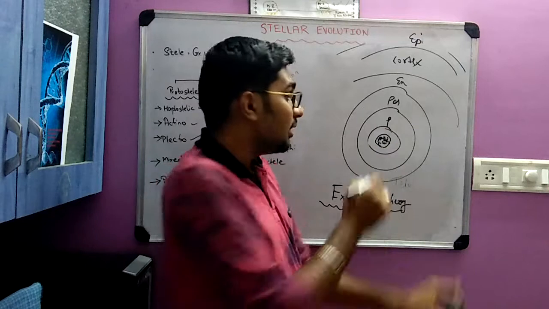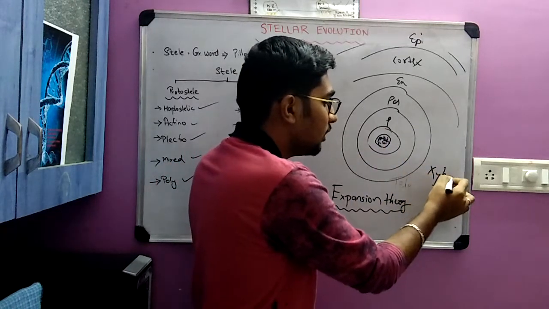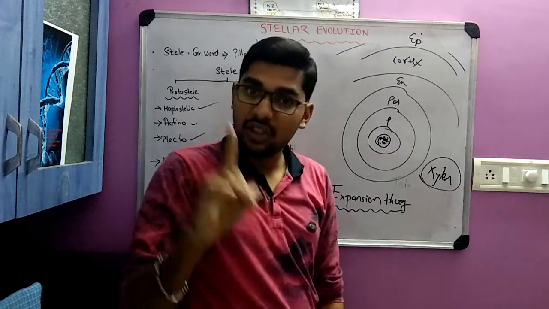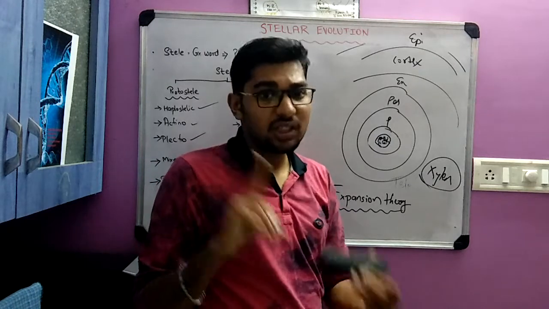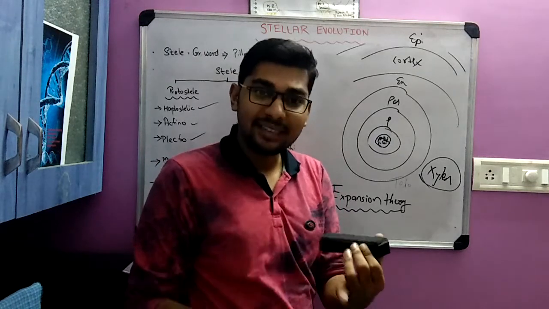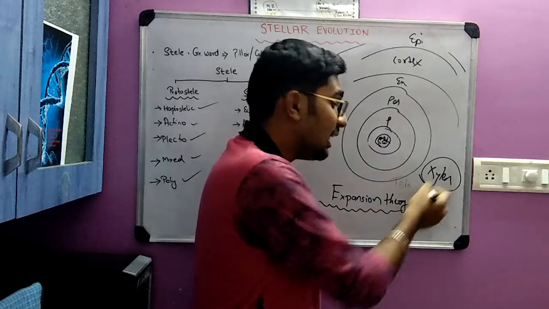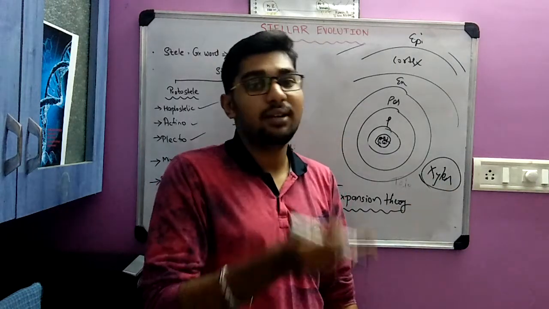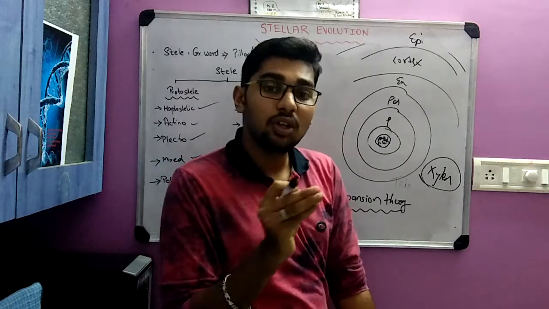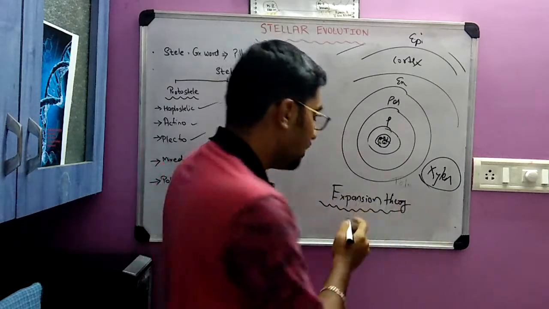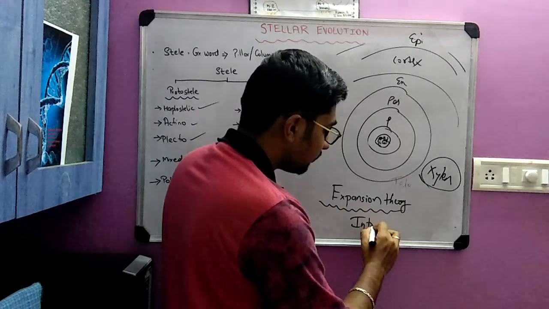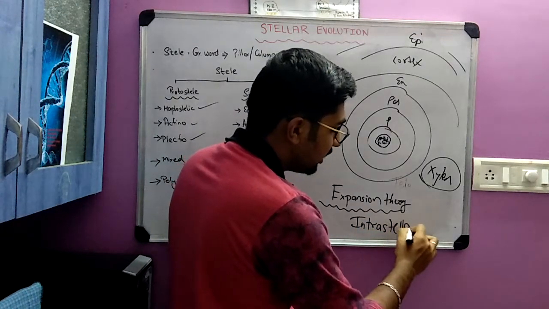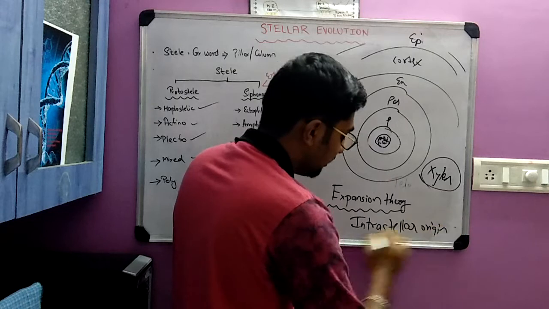Who gave rise to pith? Xylem gave rise to pith. Xylem is a part of stele. As I said in the introduction, stele consists of xylem, phloem, pericycle, endodermis, pith. Xylem is a part of stele. One of the members of stele gave rise to pith. Hence, it is also called intrastellar origin of pith.